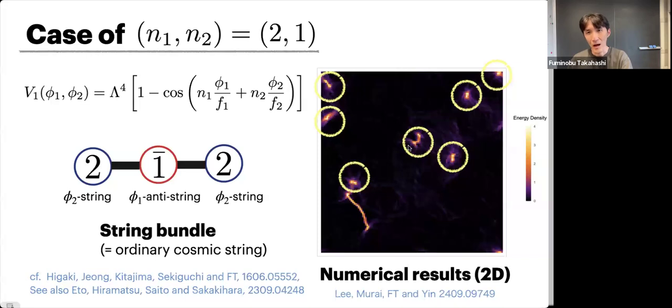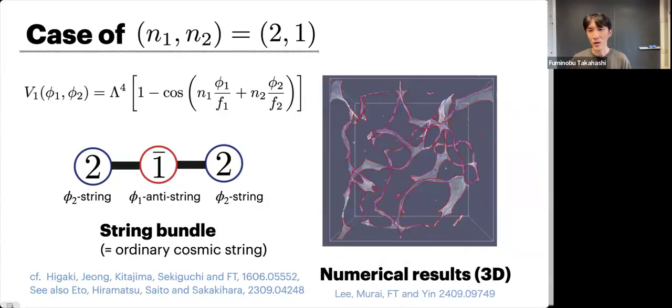String bundles are formed as shown here. So these are indeed string bundles that consist of 3 cosmic strings. And here some domain walls are still stretched between cosmic strings, but in Hubble time, the strings may disappear or may form a string bundle. So these objects are really formed in the numerical simulations.